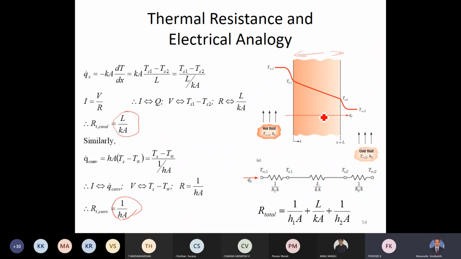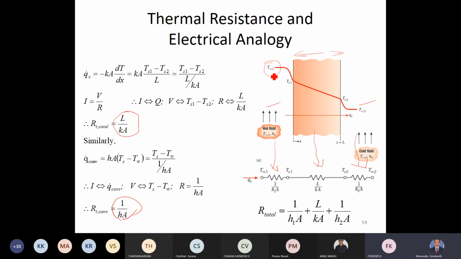Similarly, for convection, we have seen that the resistance formula is 1 by hA. Here we have seen this example of a slab which on either side is subjected to convective conditions. This convective condition offers a resistance symbolically represented like this, conduction symbolically represented like this, and another convection like this. So these are represented as three resistances offered for heat to flow between the extreme temperatures.